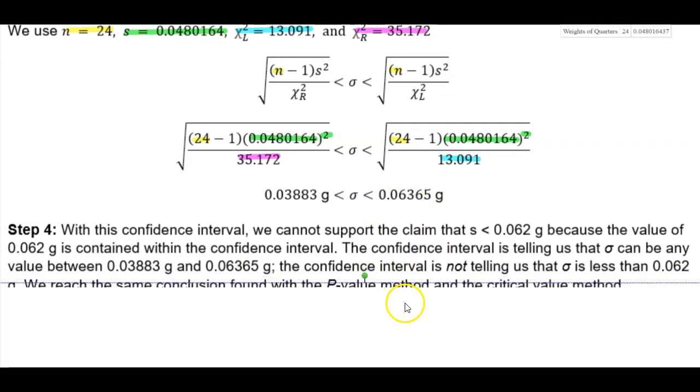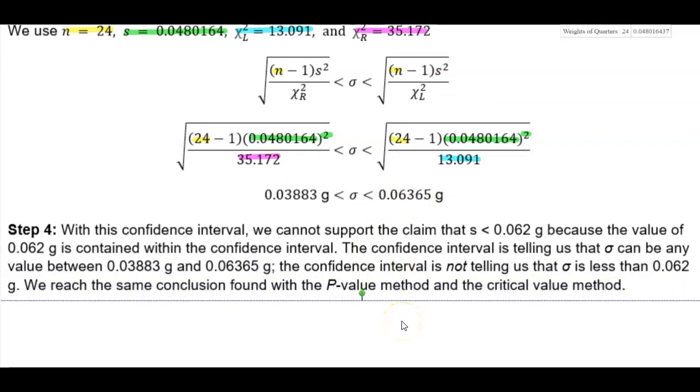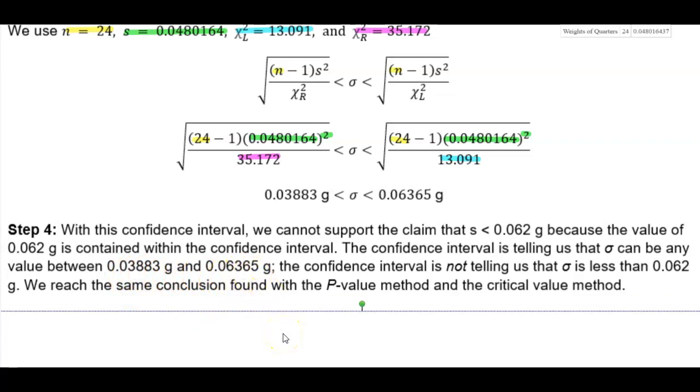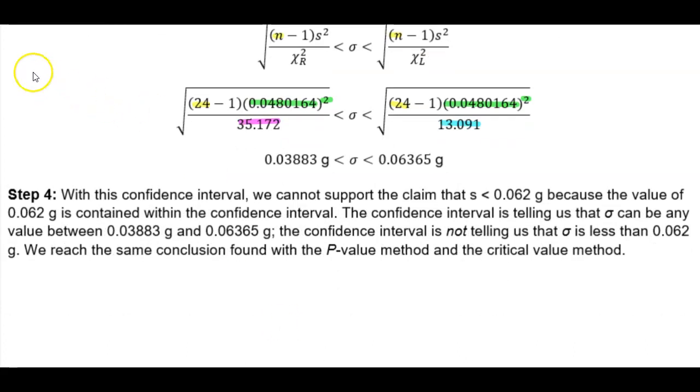The confidence interval is telling us that the population standard deviation can be any value between 0.03883 grams and 0.06365 grams. It is not telling us that the population standard deviation is less than 0.062 grams. We reach the same conclusion as with the p-value method and the critical value method.